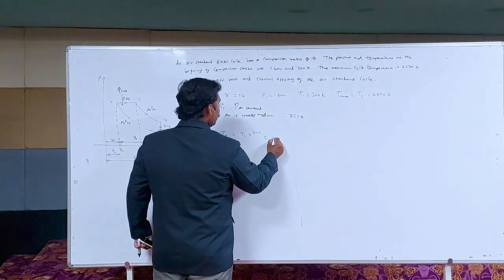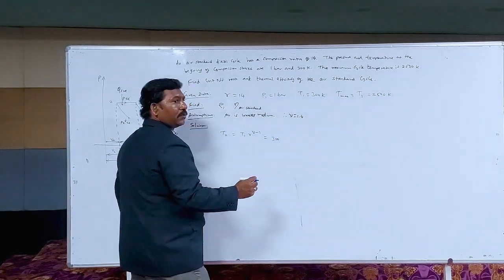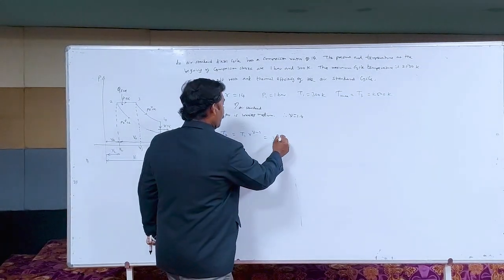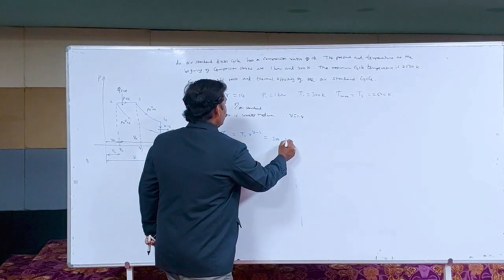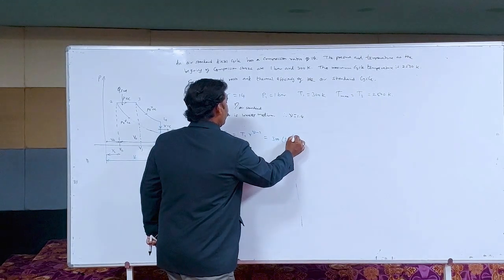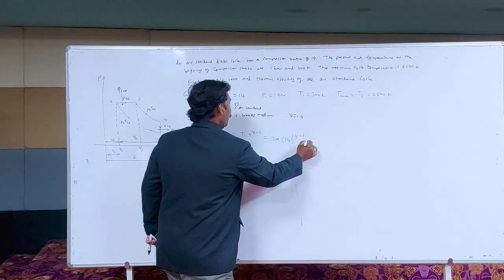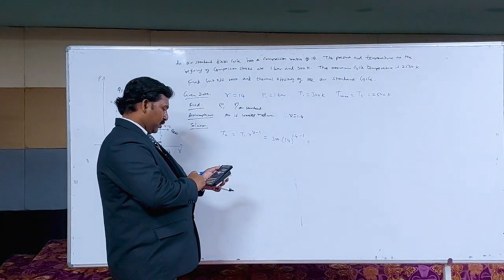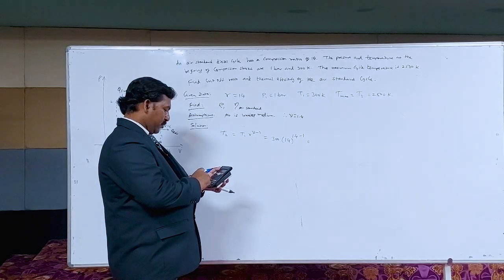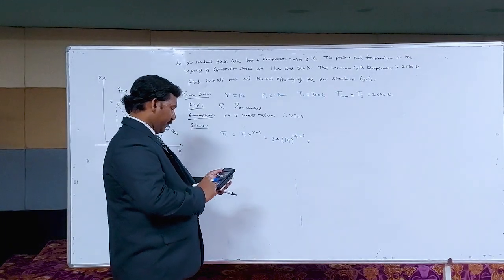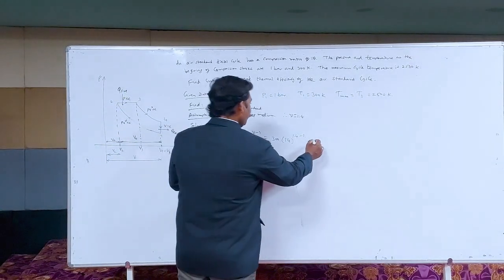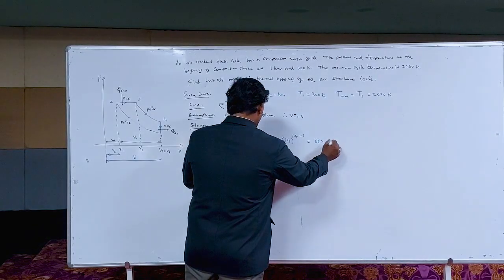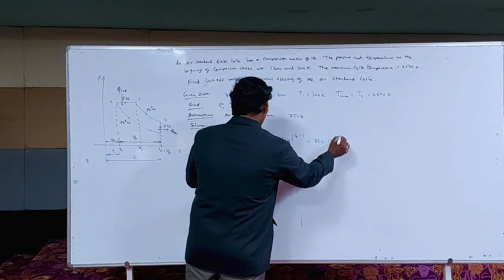So T1 is 300 and r is 14, gamma 1.4 minus 1. So now we have to calculate T2. So 300 into 14 power 0.4 is 862.13 Kelvin.